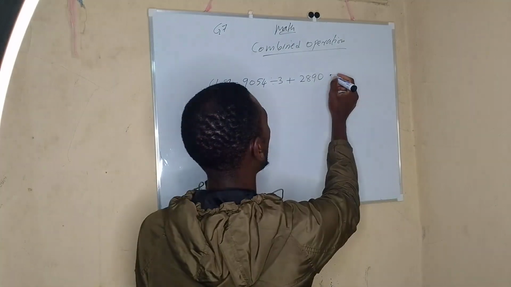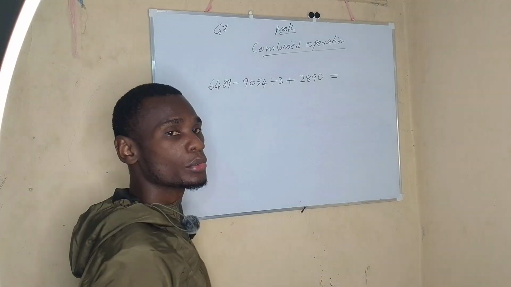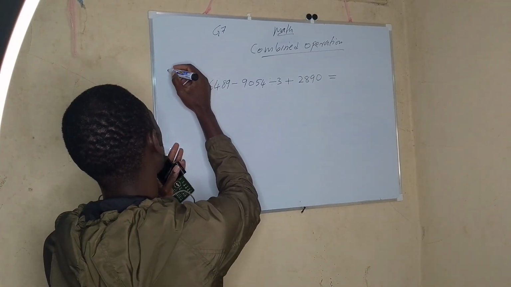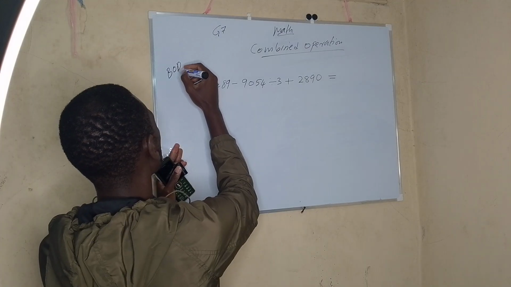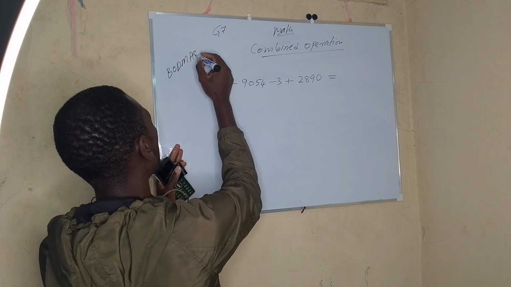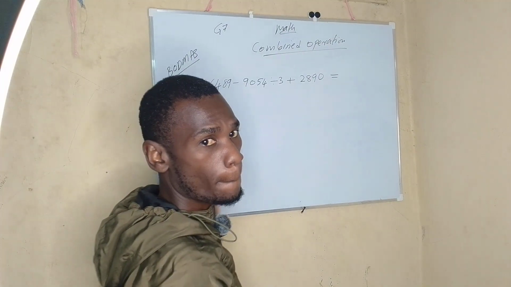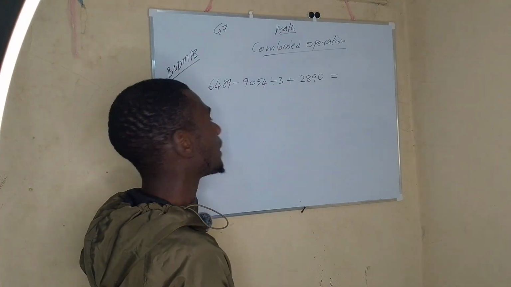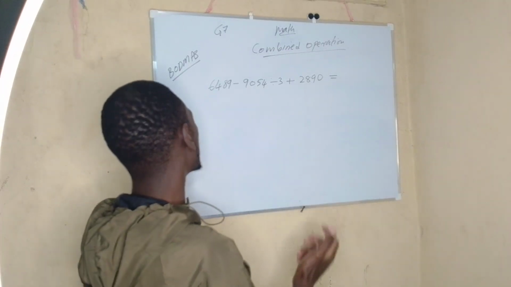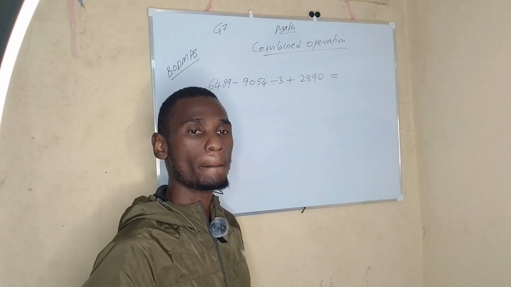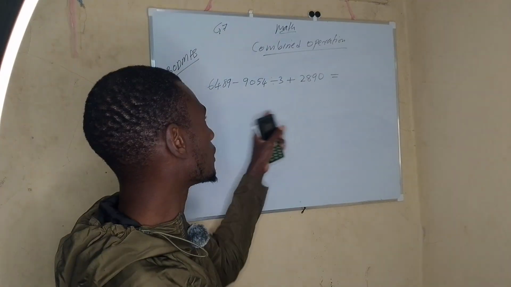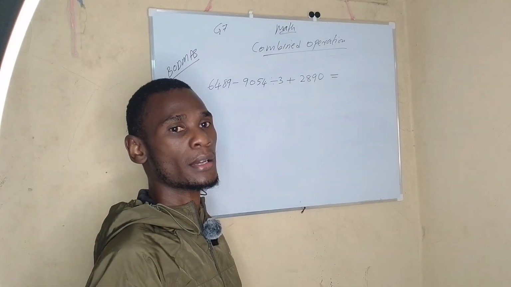Now, the rule I'm talking about is what we call BODMAS. This is not a new term. Grade 7 has heard that term, but sometimes we just know it and we don't know how to work out such things, and we are going to look at that example.